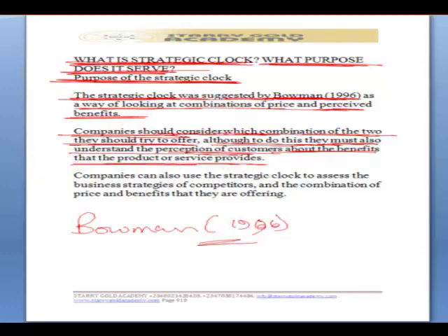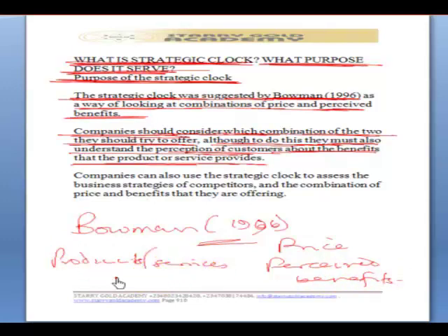There are two basic elements of strategic clock. These are the price and the perceived benefit. These two are centered on a particular product or service, as the case may be.